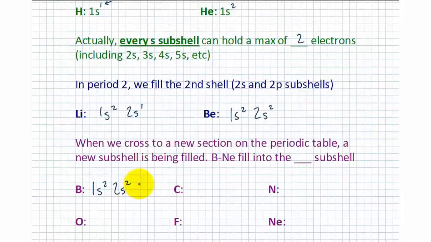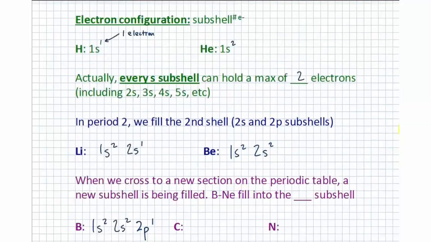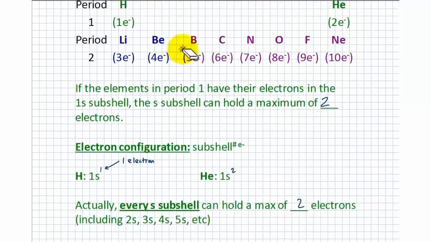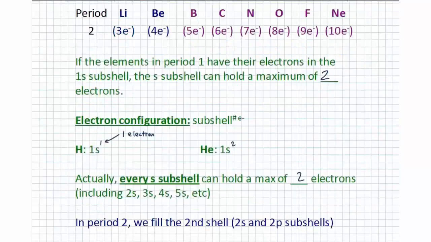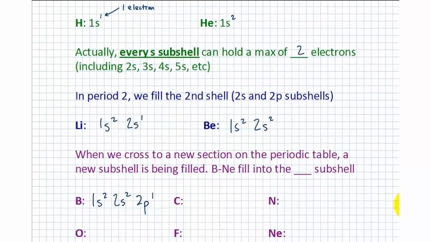So 1s2, 2s2, 2p1. Boron through neon, those are the ones over here in the rest of period 2, fill electrons into that 2p subshell, each of these having 1 more electron than the element before it.